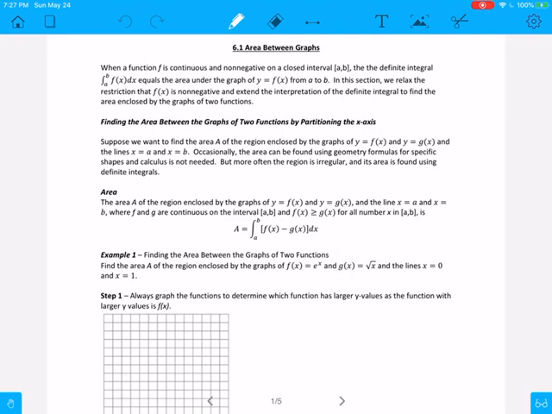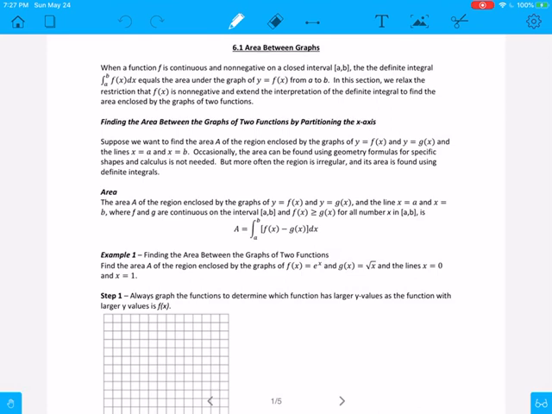And that'd be fine, and then calculus would not be needed. But more often, the region is irregular. You can't just fit in triangles, squares, semicircles and circles, and its area is found using definite integrals. So we're in calculus. Even if you could just use shapes, we wouldn't be doing that. We would be finding the definite integral between the 2.